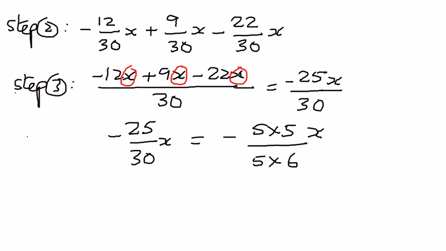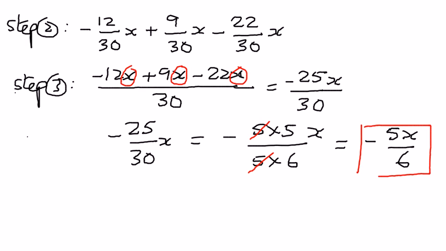As long as we have similar looking terms in the numerator and in the denominator, we can cancel them out, and therefore we can write the answer as negative 5x over 6, and this is where we want to leave it. This is the simplified form for the given expression.